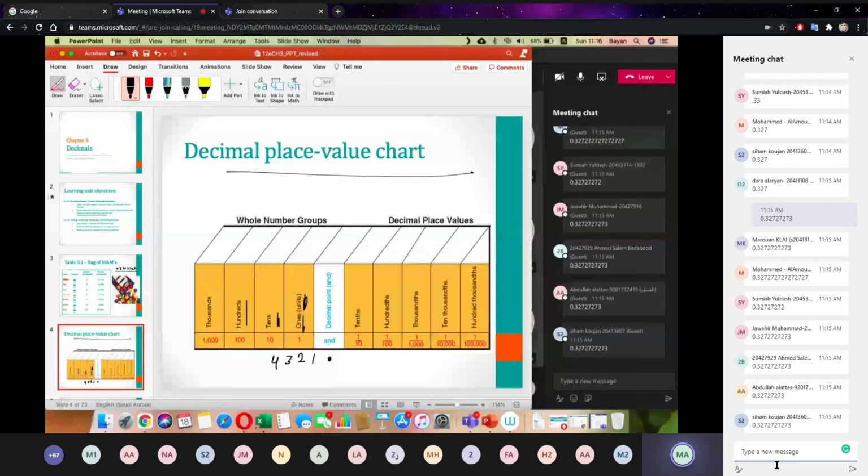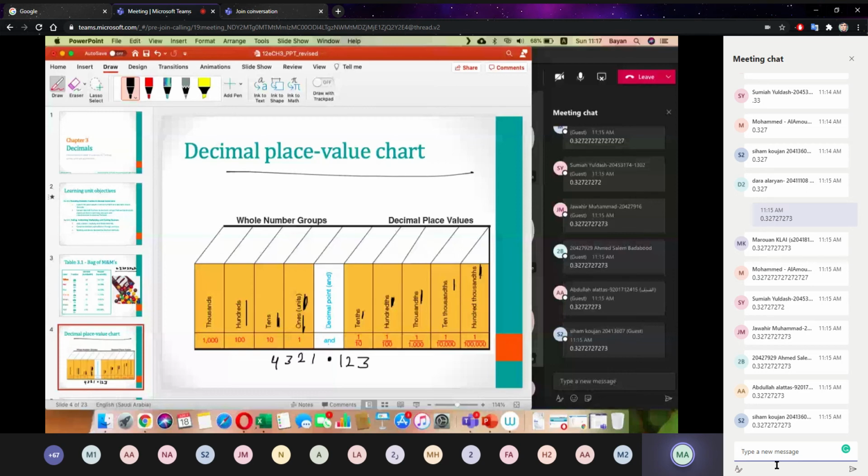The first value on the right, we call it tenth. Second value on the right, we call it hundredth. Then we have thousandth. So find the difference here. Tenth, hundredth, thousandth, ten-thousandth, hundred-thousandth.